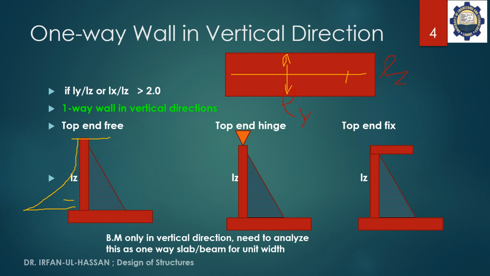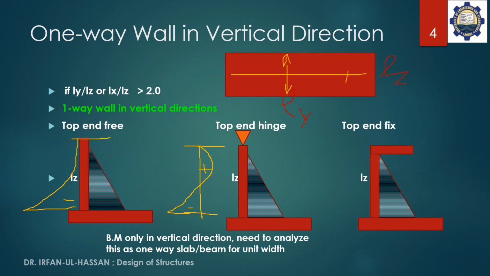When it is hinged at top end, the bending moment is zero at the top again, but it's positive in the upper region and negative in the lower region. It will be lesser negative as compared with the first case. The positive moment gives the steel opposite to the loading side.